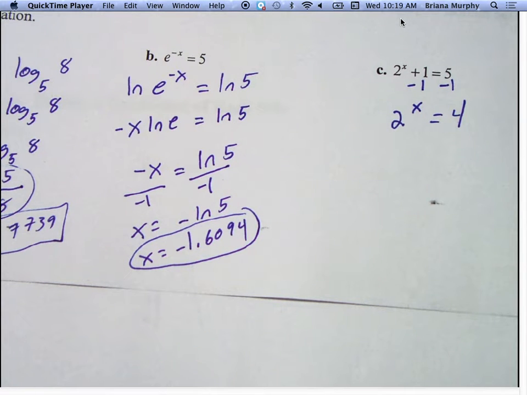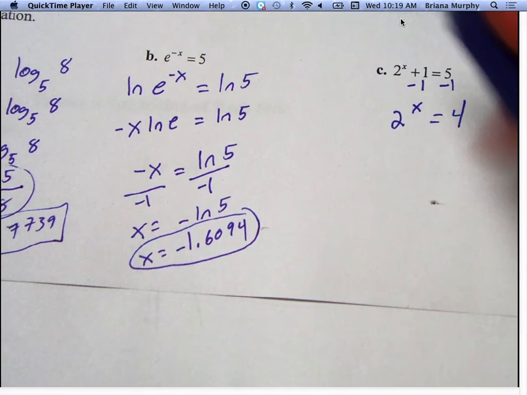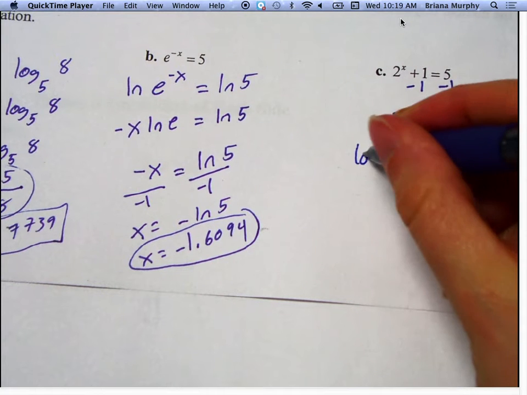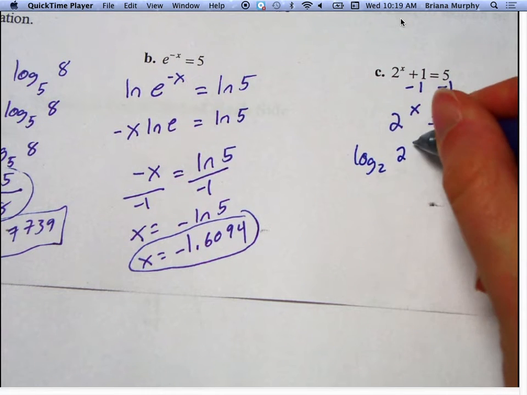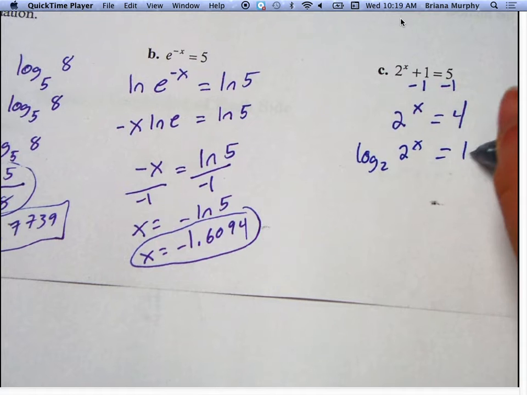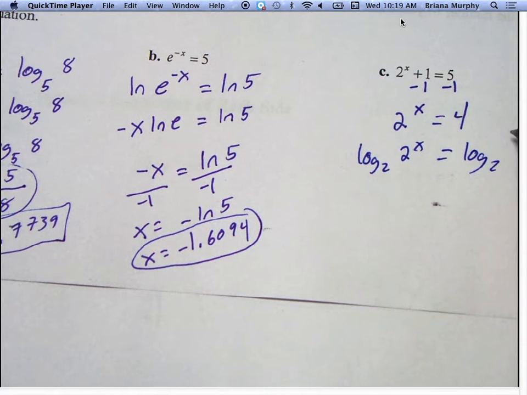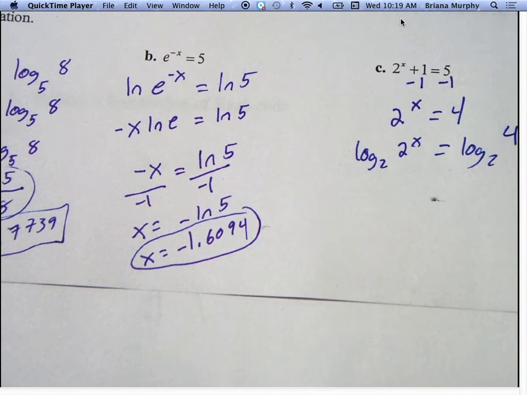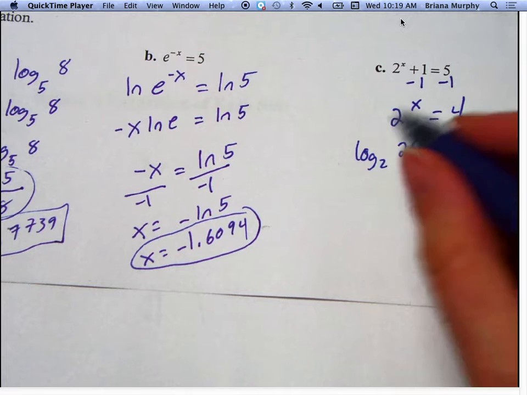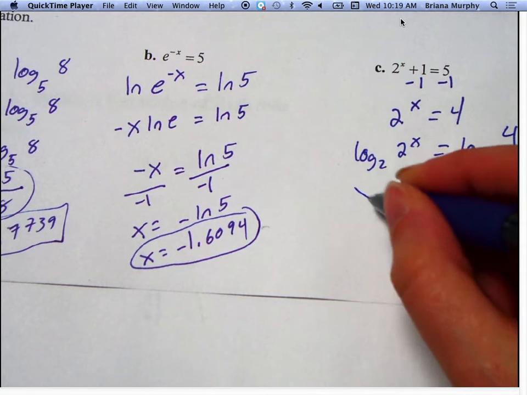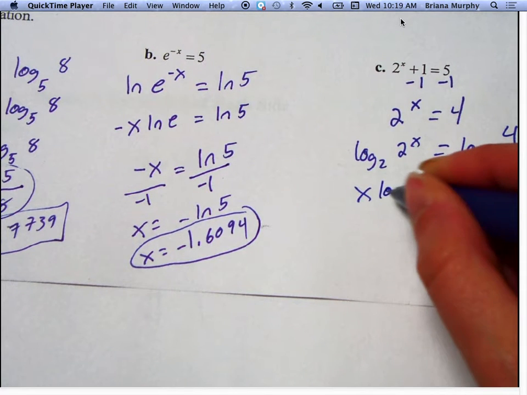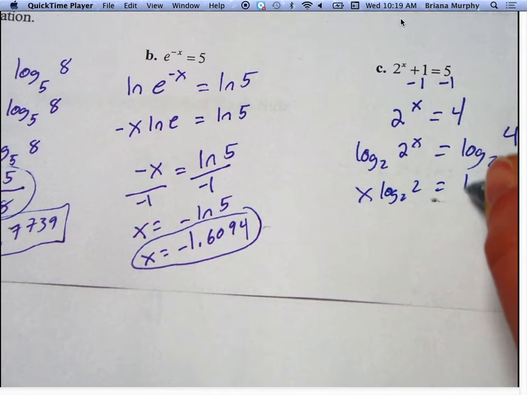All right, anybody ready and want to give it a try? Go ahead. Okay, so from there you go, log base 2 x equals log base 2 to 4. And then you do the power rule, so it'd be x log base 2 of 2 equals log base 2 of 4.